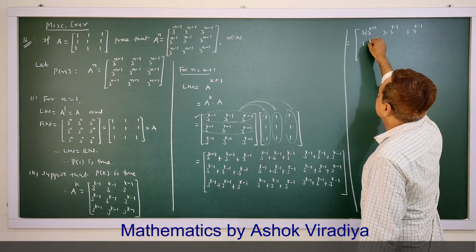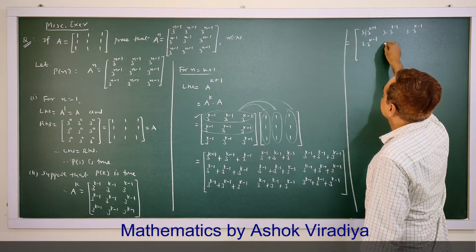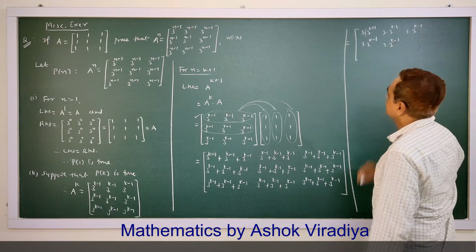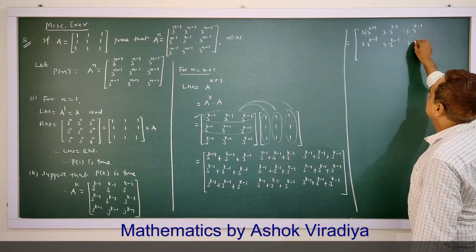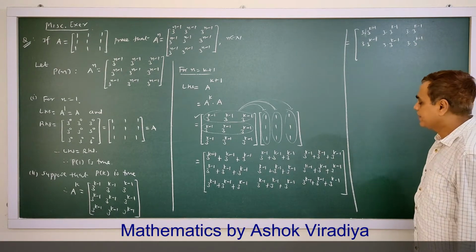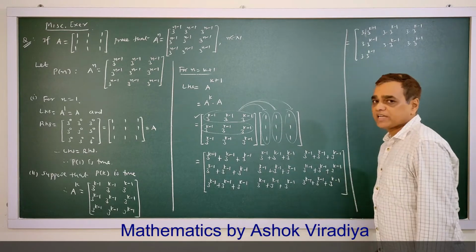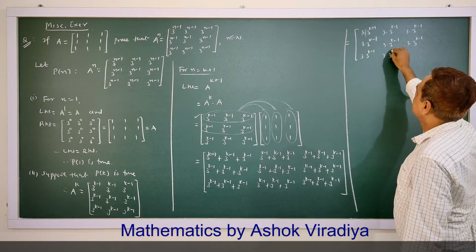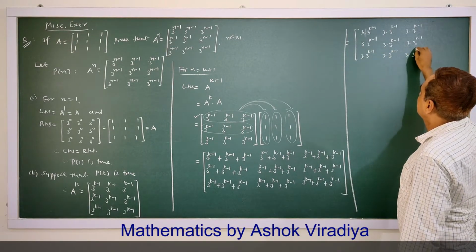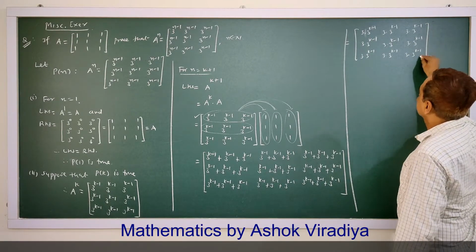Every element is the same: 3 times 3 raised to k minus 1.